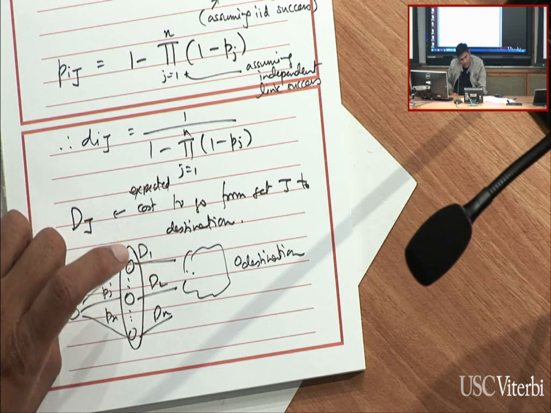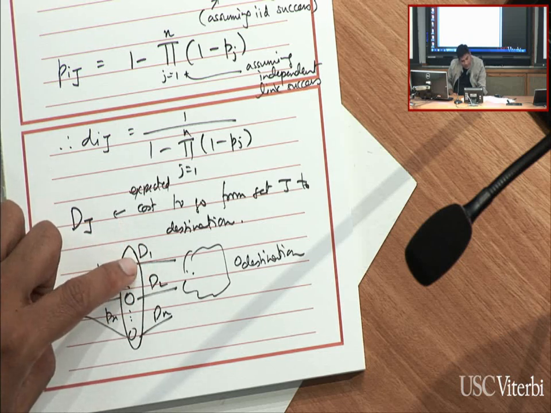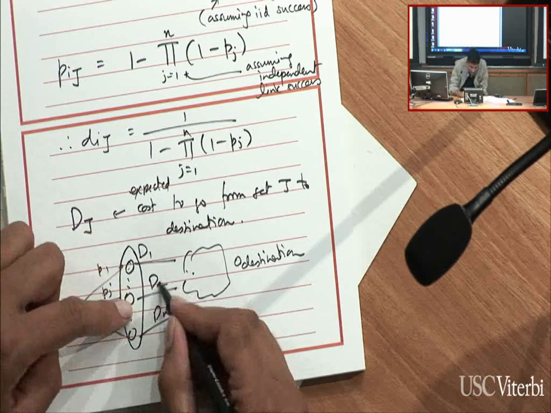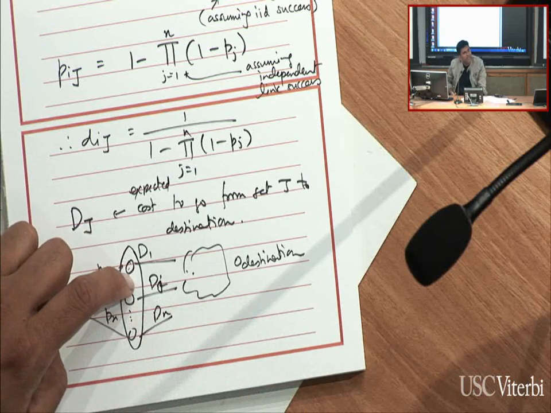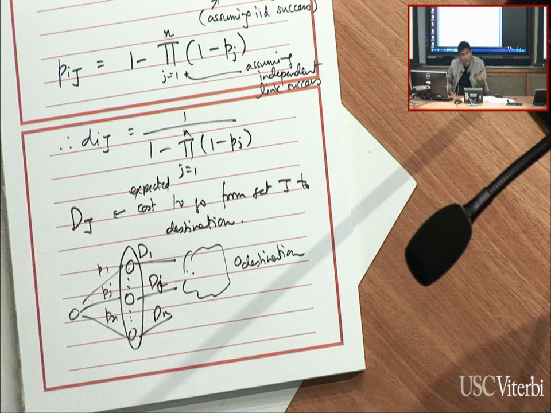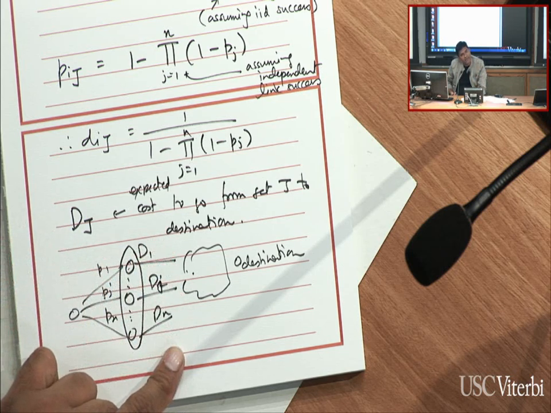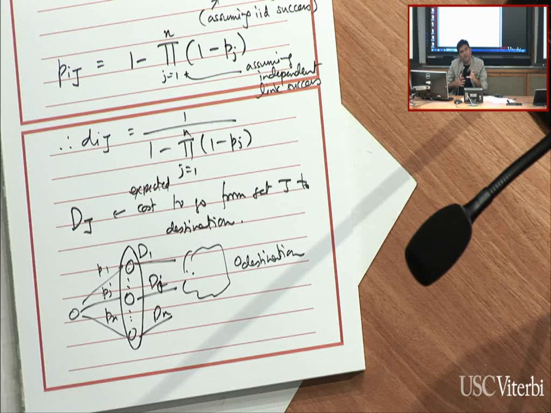With some probability, this node doesn't get it, and the second node in my system might get it, right? In which case, that will be the forwarder, and its corresponding cost to go will be my cost to go. So the point is that if I can say what's the probability that each node is the forwarder, if it gets the packet, and multiply that probability with the cost to go from that node, that's my expected cost to go.